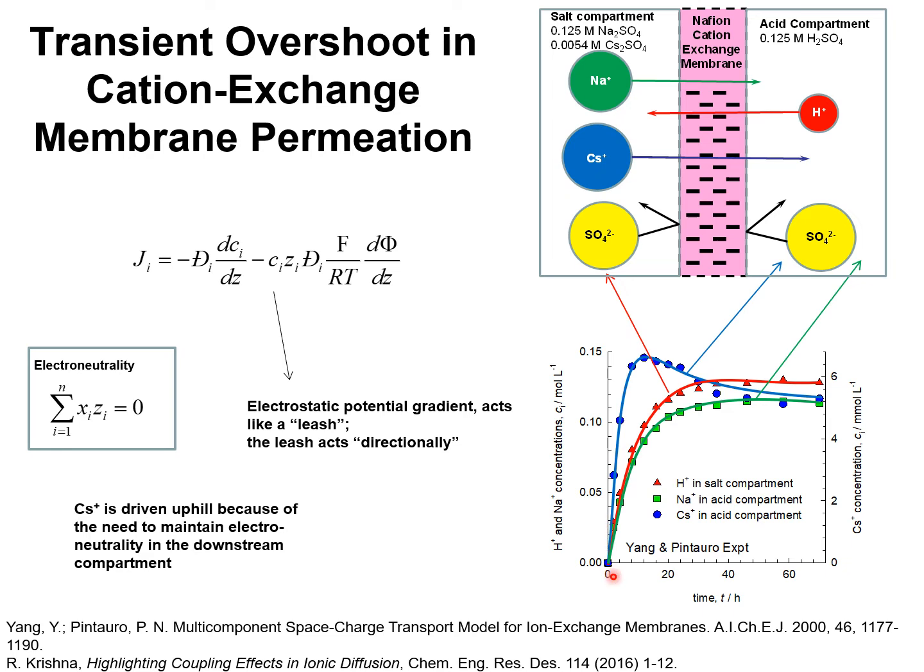The experimental data on the uptake of cesium and sodium ions in the right compartment are shown by the blue circles and green squares, and the red triangles show the uptake of hydrogen ions into the left compartment.